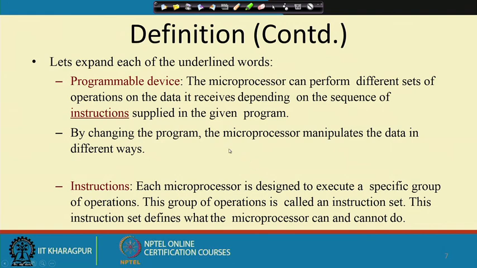So, the first term that we have is a programmable device. If I am asked to design some circuit, I can design a circuit which will do that operation only. For example, if I am asked to design a circuit that will scan one input bit stream, and whenever it finds the pattern 4 ones followed by a 0, it will output a 1, otherwise the output bit is 0.